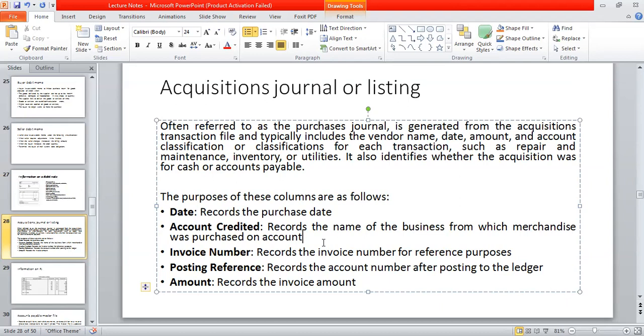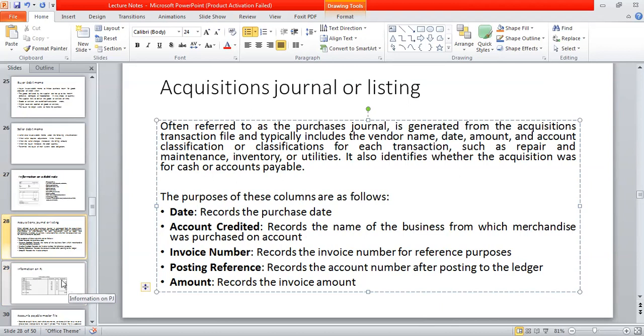And another column is the invoice number, which records the invoice number for reference purposes. The posting reference records the account number after posting to the ledger, and the amount records the invoice amount. So these are some of the information contained within the acquisition journal or the purchase journal.